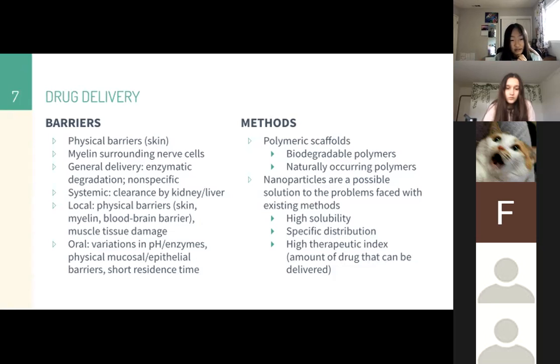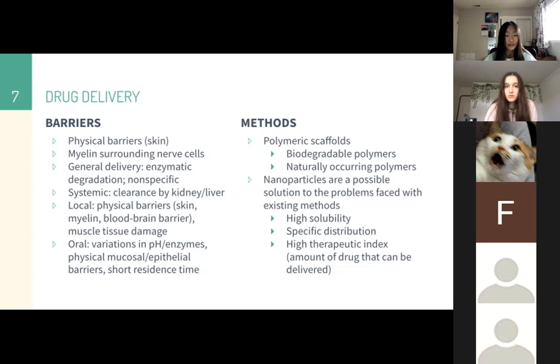And for general delivery, enzymatic degradation is a big barrier because enzymes might denature when they're in an environment where they're not used to. And also it's super non-specific if you just generally orally ingest these drugs.